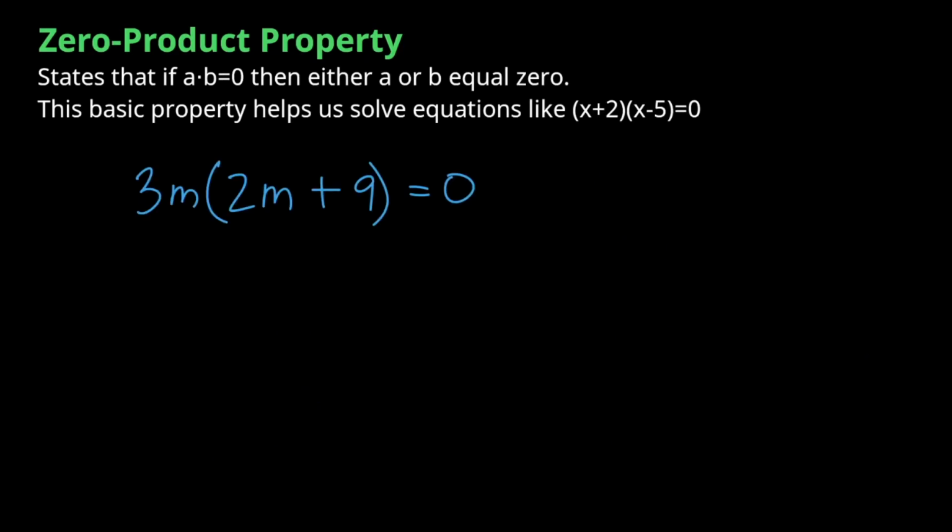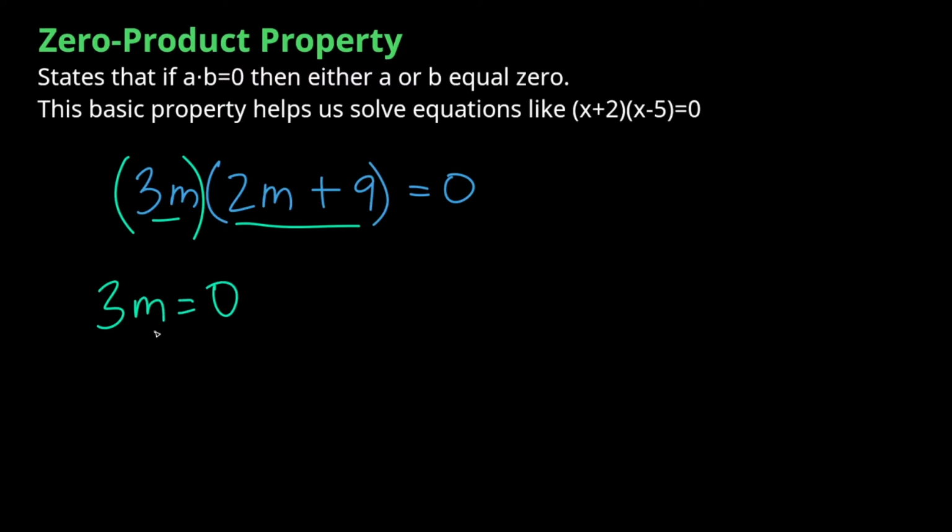So we'll do one more example of these problems. Again, we have two factors. It may not be obvious, but it's like we have parentheses here. This is 3m times 2m plus 9 equals 0. So this is a factor, this is a factor. So we set this equal to 0.